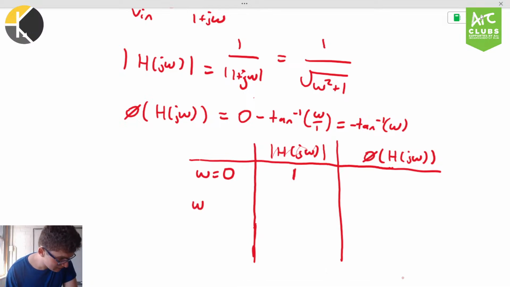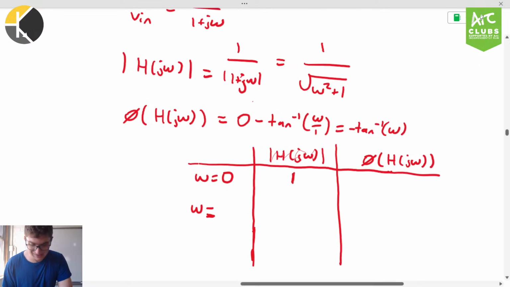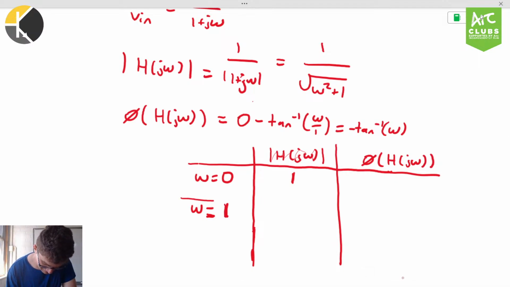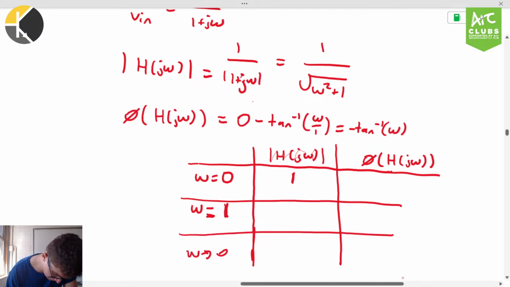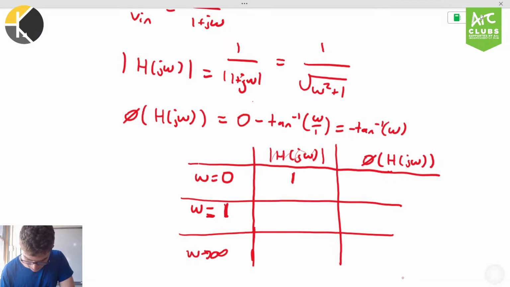Let's do omega equals, what's a good point? Can anybody think of a point that might make our lives easier? 1? That's right. And we'll go omega goes to infinity. Okay. Now, can anybody tell me what minus arctan of 1 is? 45 degrees.